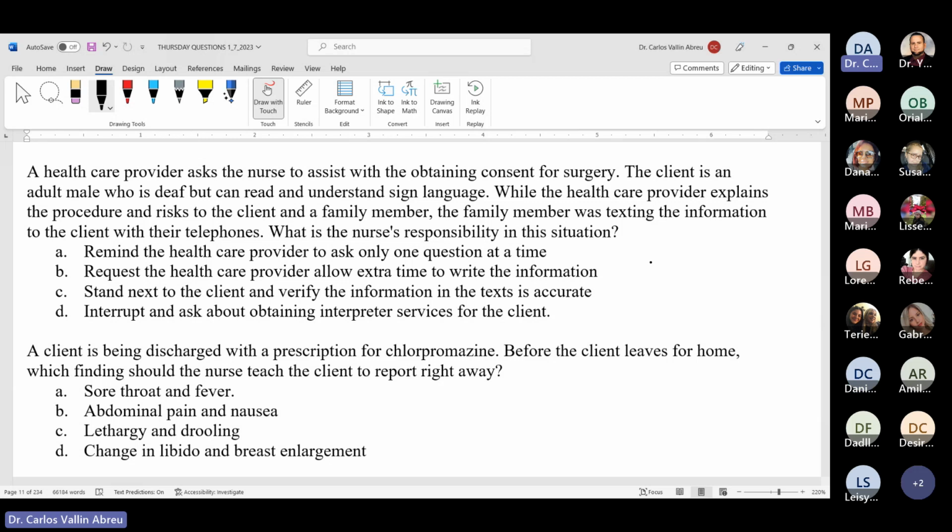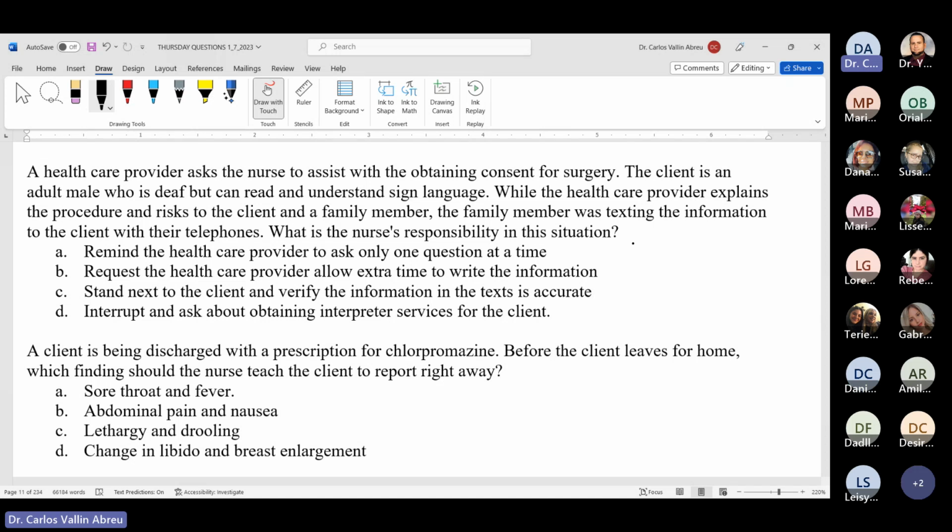Request, okay. So remember, your English exam is going to be a perfect scenario. And in reality, most hospitals have those resources. You have interpreters, not only for foreign languages, but also for deaf people. Okay?